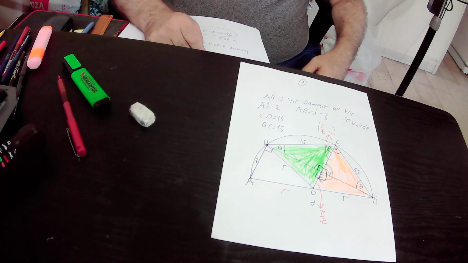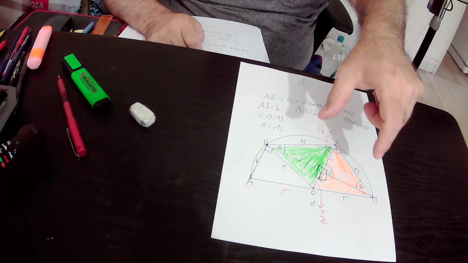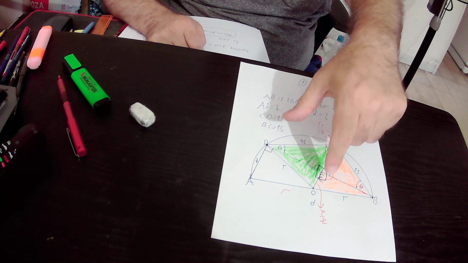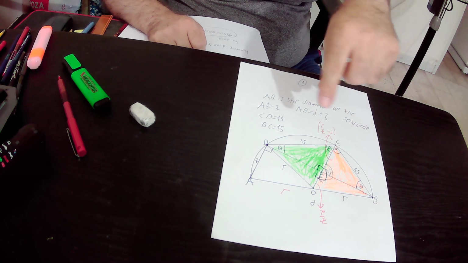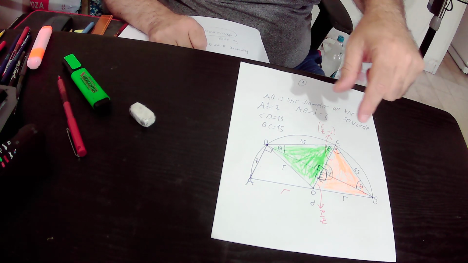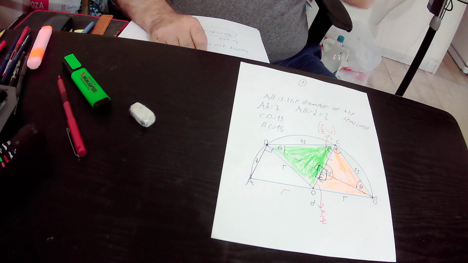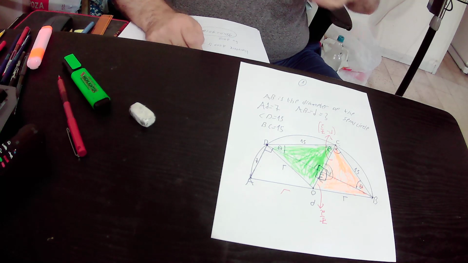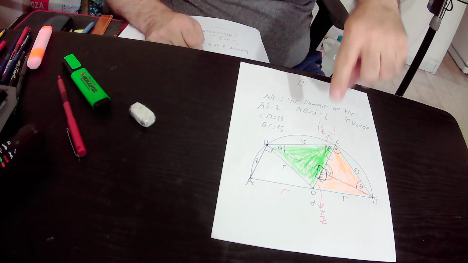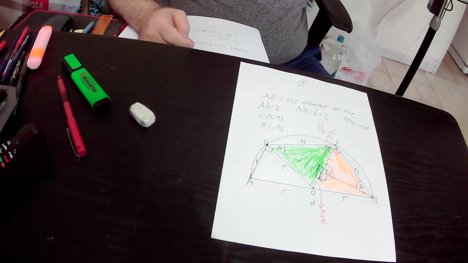We also know that OB equals OD. Both those sides are the radiuses of the semicircle, therefore they are equal to each other. And also OC equals OC, it is a common side.